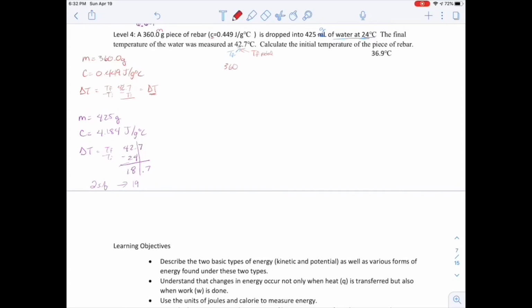So we're going to fill in our typical equation. 360.0 grams times 0.449 joules per gram degrees Celsius times, we're going to call this delta T. We could put the numbers in, but this is so much easier this way. And I dropped the negative, so there you go. There's the negative. So now we've got 425 times 4.184 times, and we're going to write down the 18.7, but knowing that that should be 2 sig figs.